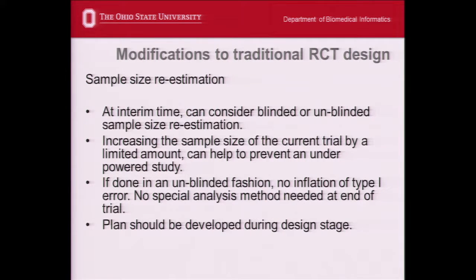And so for sample size re-estimation, there are a number of different ways that we can think about doing this, but we essentially use the data that we've accrued so far, not necessarily estimating the interim effect size, but looking at what we call nuisance parameters, the things associated with variation that we often have to guess at or make several guesses at when we're designing these trials.